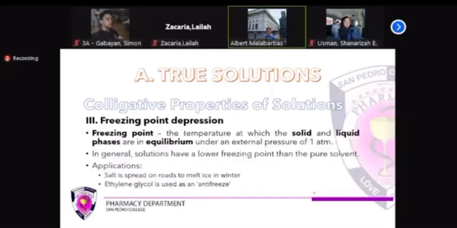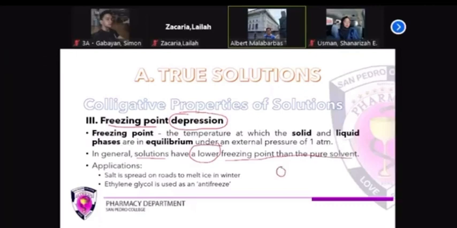Okay, next. Another type of colligative property is the freezing point. Freezing point is also referred to as the melting point. The freezing point goes down from a solvent to a solution; it is depressed. A solution, solute plus solvent, has a lower freezing point than a pure solvent.